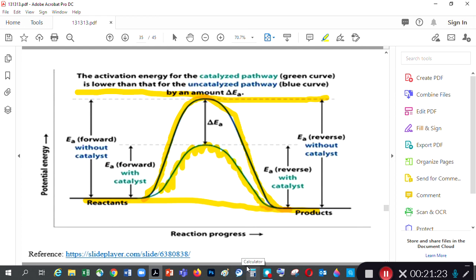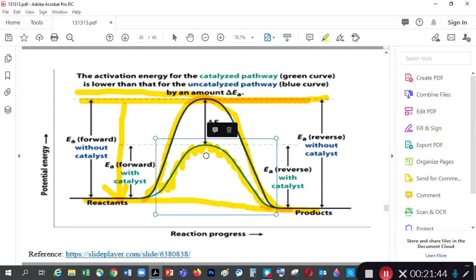But the rates are really changing with the same magnitude. Here is the same magnitude without the catalyst, and here it is with the catalyst.